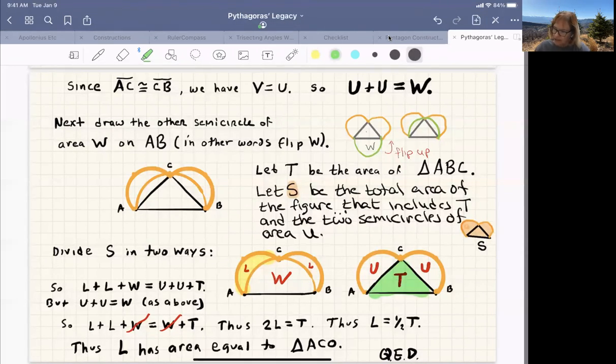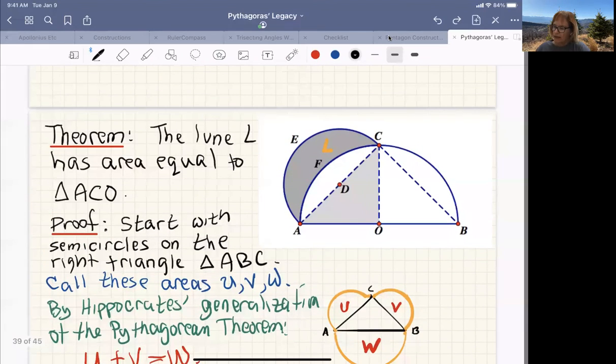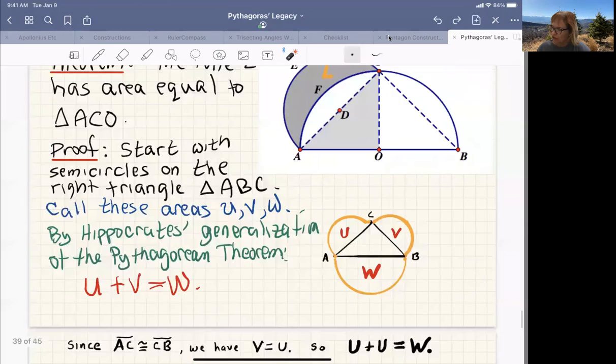So basically we need to cut that in half, and then half of that triangle. So L is equal to 1/2 of T. So thus L has area equal to the area of triangle ACO. And then if you go back to our original picture, ACO was half of our original triangle.